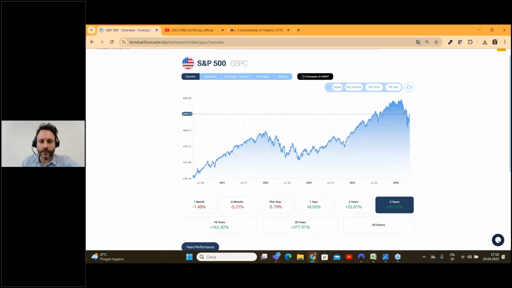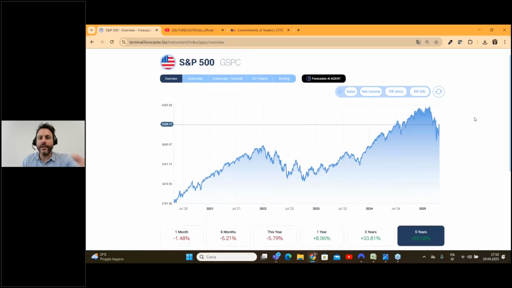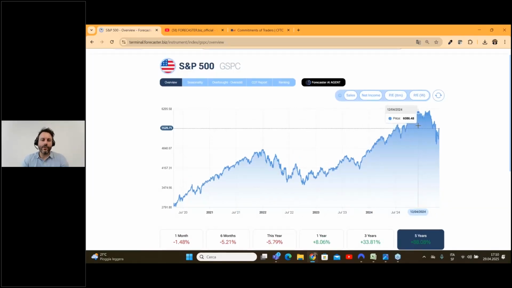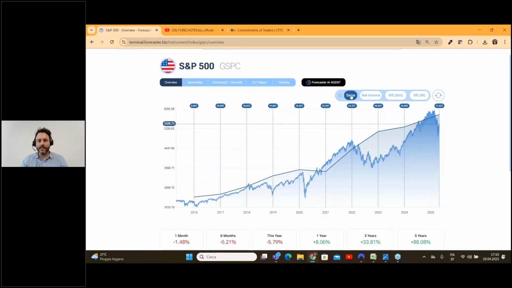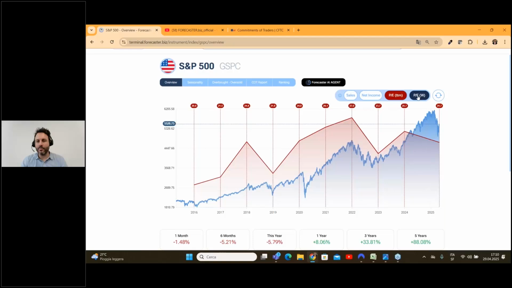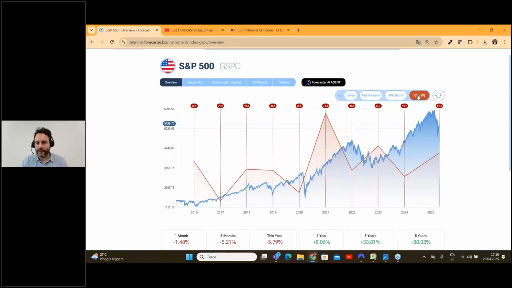And what is very nice and very interesting is that directly on the chart of every index, and of course every stock, you can plot something like sales, net income, the price earning, and the price earning weighted.